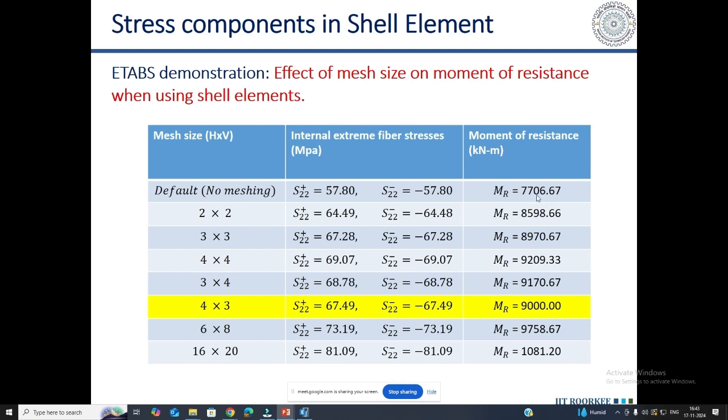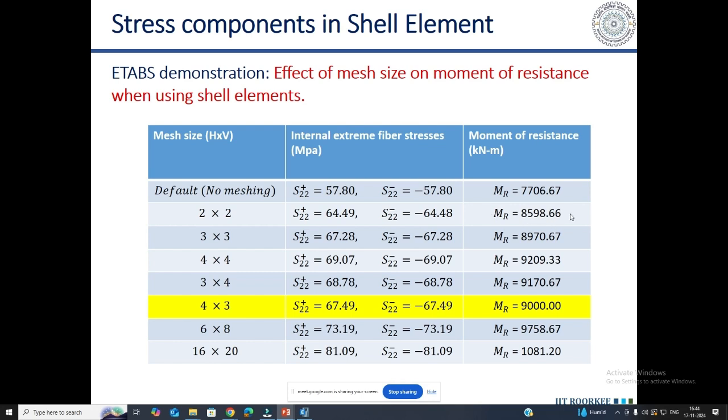Try to visualize this and relate it with some analysis you have done in real cases using shell elements, so you'll understand how erroneous the result can be if your mesh size is not appropriate.